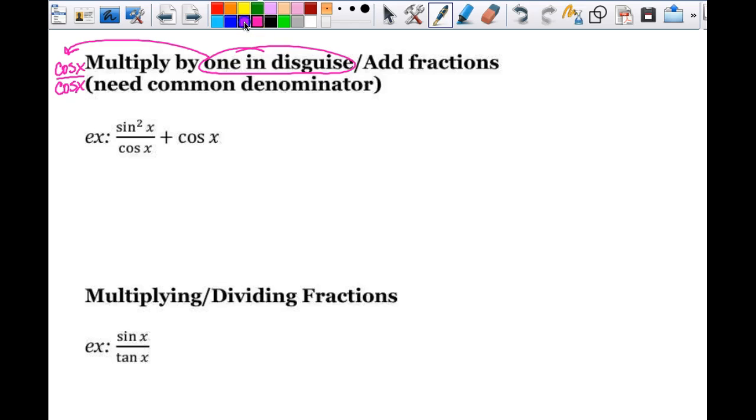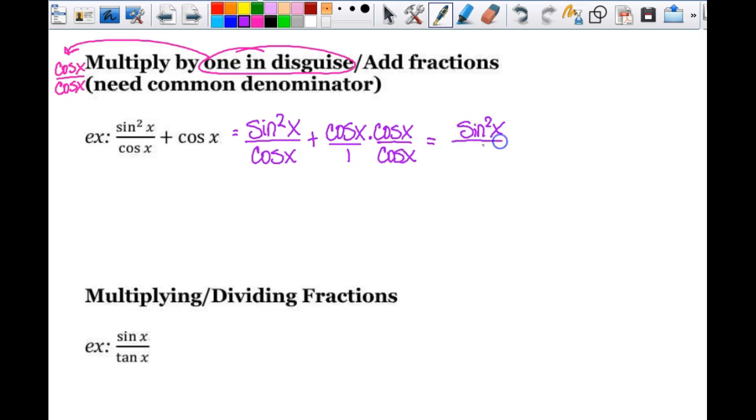So this is going to give me sine squared x over cosine of x plus cosine x times cosine x over cosine x, because that's how I'm going to get my common denominator. So then I get sine squared x over cosine of x plus what? What's the next fraction look like? Cosine squared x over cosine x.